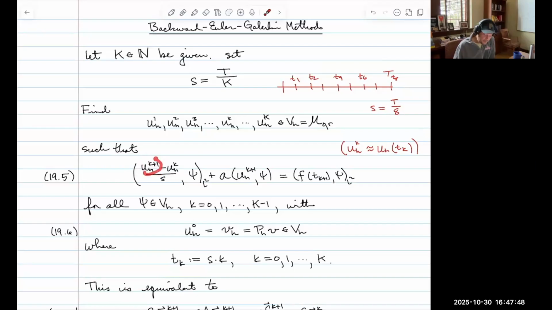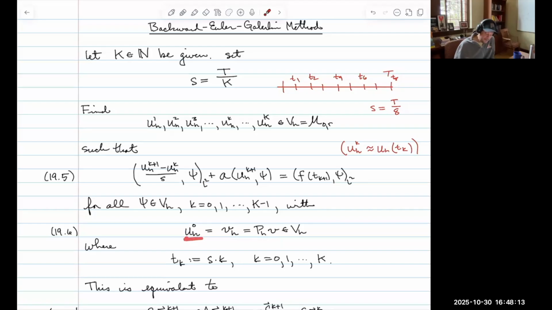But UHK plus 1 is bound up in this term and this term. Now, the term over on this side doesn't depend on UHK plus 1. It's based on the weak formulation, in fact on the semi-discrete formulation above. The test functions are arbitrary elements from the finite element space, and the initial conditions are the same as before.